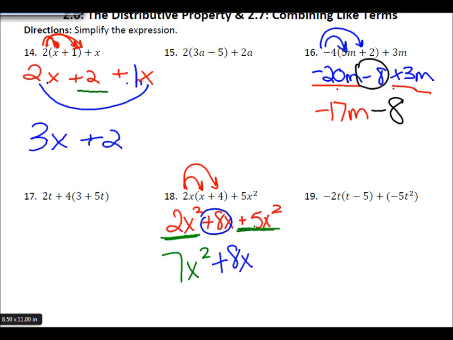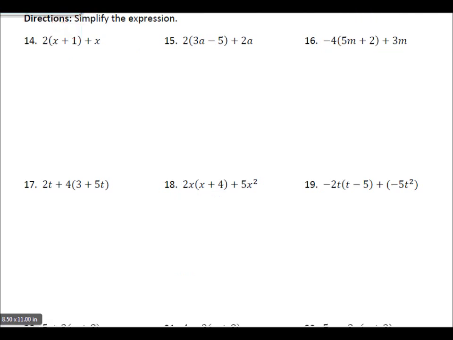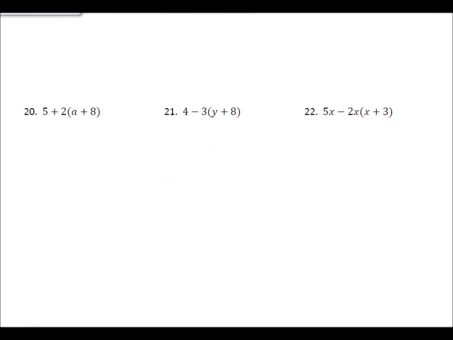Okay, let's try just a couple more to make sure you have it. Let's do 21. So I'm going to distribute. Now this time I'm going to distribute the negative 3. So negative 3 times y is negative 3y. Negative 3 times 8 is negative 24.